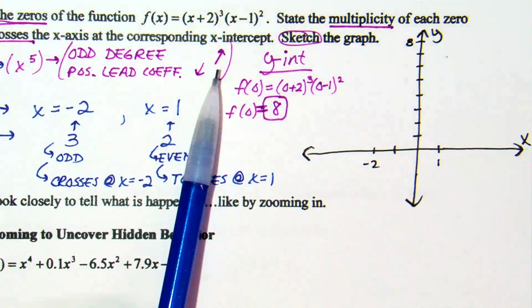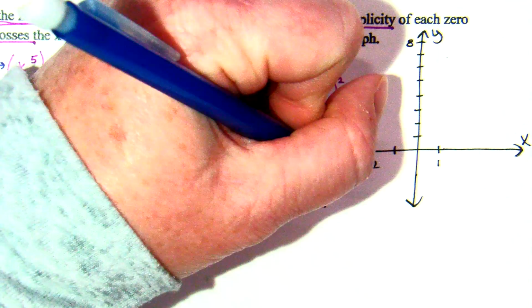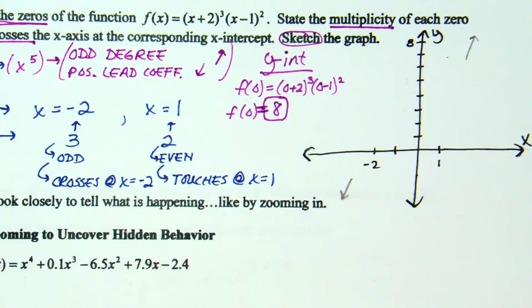Meaning on the left side of my graph is going to be down. On the right side of my graph is going to be going up. I just drew that in pencil, but that's just what my brain's thinking. You don't even have to draw it in on your graph ahead of time if you don't want. But you've got to have your brain thinking, okay, I know my graph has to start down here and end up here because it was a positive x to the 5th.